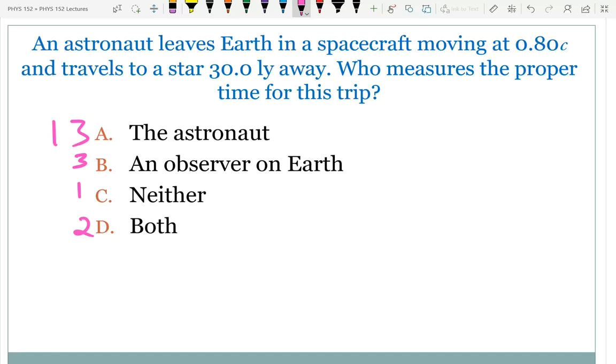Using the same logic, for the astronaut it's actually easier because you can imagine they have their chronometer, otherwise known as a clock, and the person in the spacecraft can say, we're leaving now, and punches the button. We're getting to planet X, punches the button. He's got his time, and he doesn't see anything crazy going on.